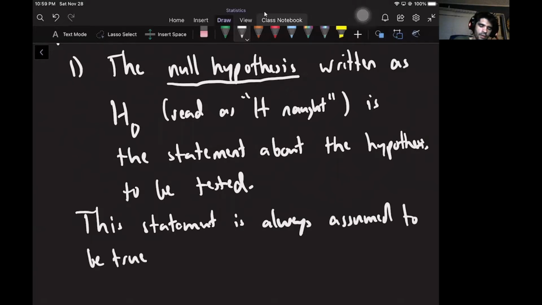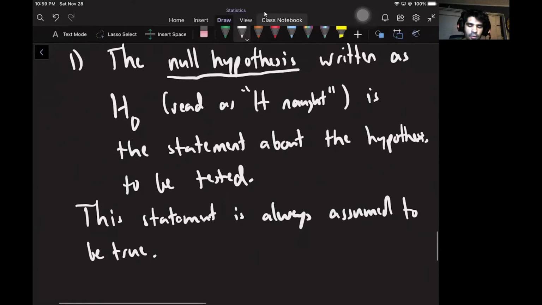It's a statement that you're assuming is true about the world, or true about your proportion, that you just are taking for granted, and you're testing if it is plausible that it's actually true.